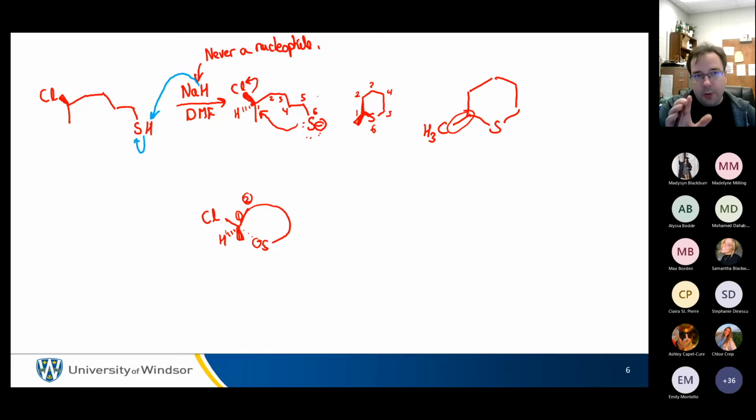So you have a few options on how to do this. One thing you could do, which would be fine, is look and think, okay, the chlorine was coming out of the plane towards me. So the sulfur must be kind of going into the plane away from me.